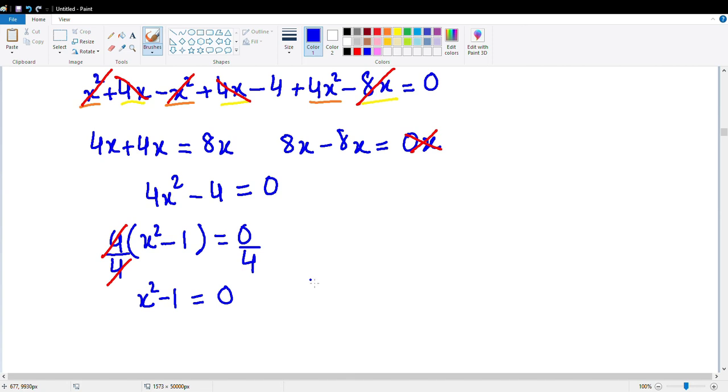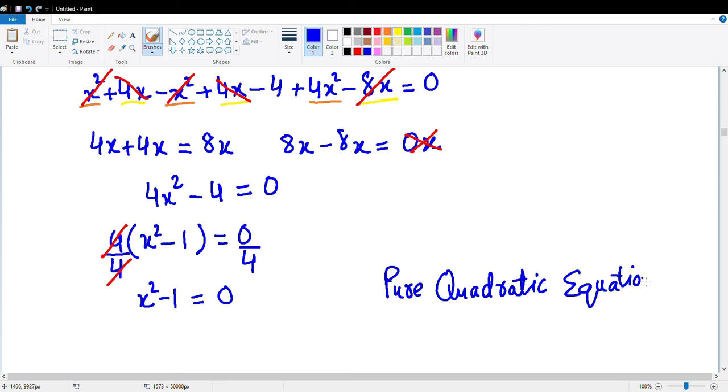So we're going to write it's a pure quadratic equation. And obviously it's in standard form.